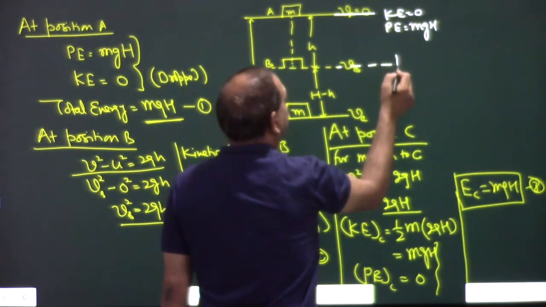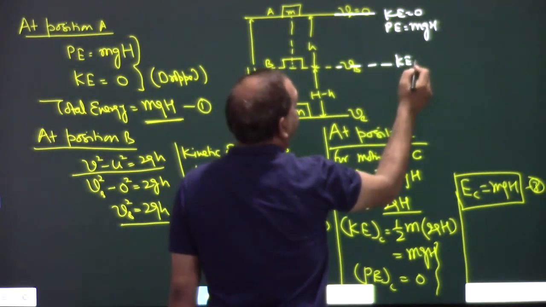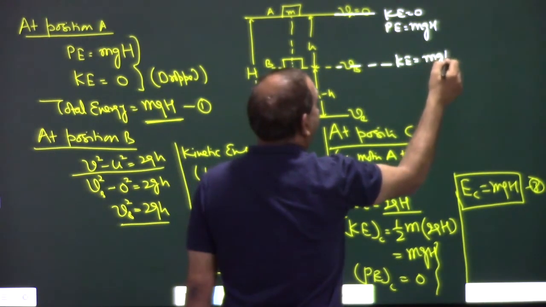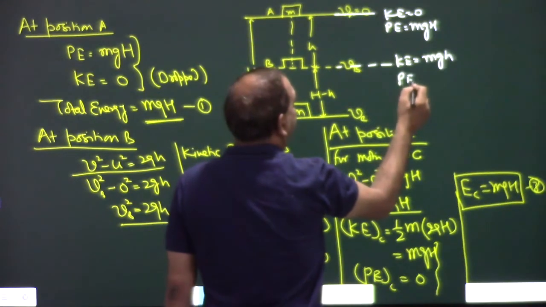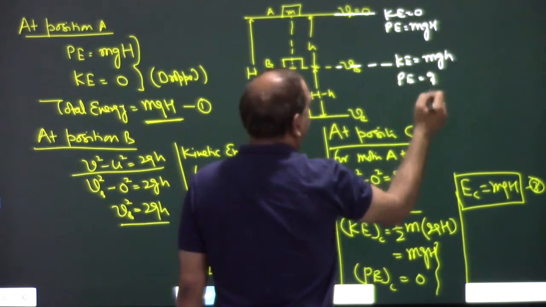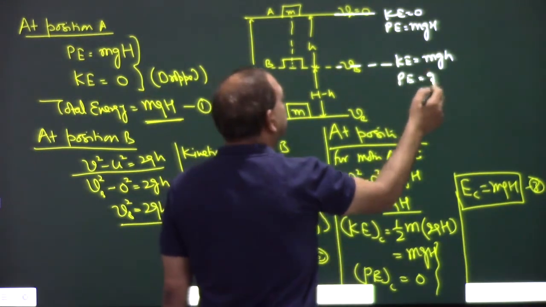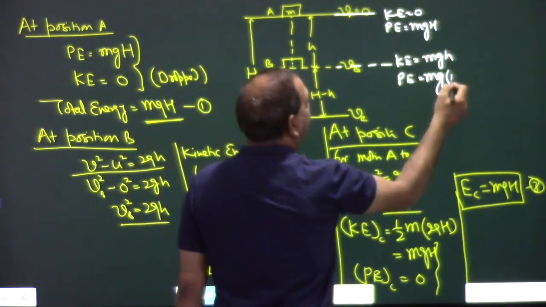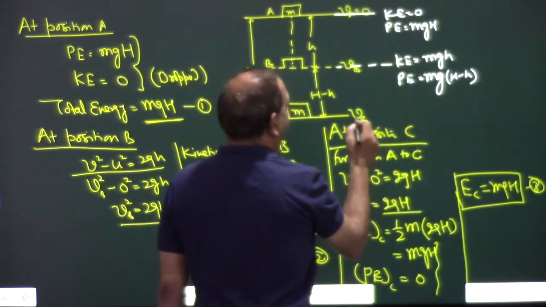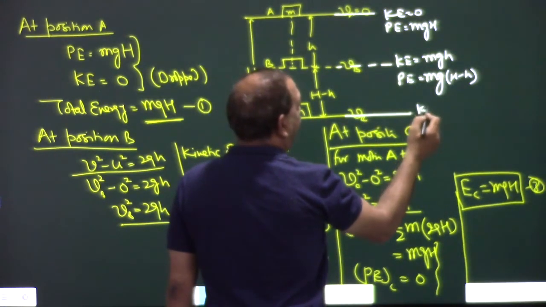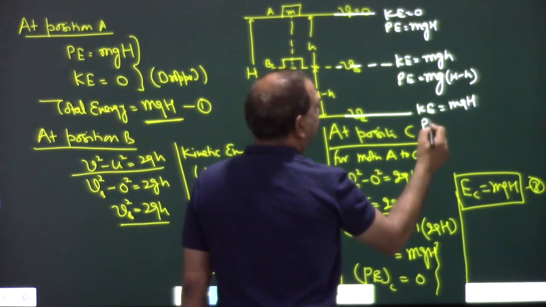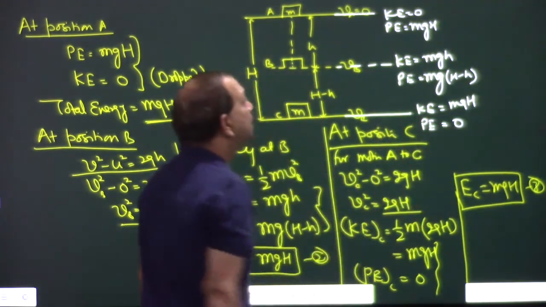At this position, kinetic energy mgh and potential energy mg(H minus h). And at this position kinetic energy is mgH and potential energy is 0.